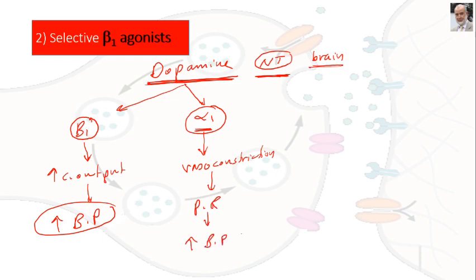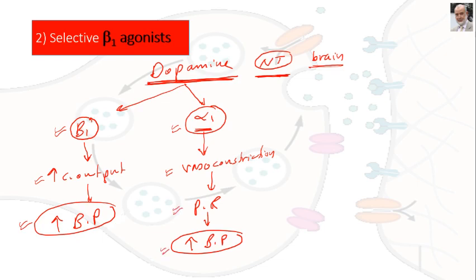So in lower doses, dopamine will act specifically on beta-1 receptor, increasing the cardiac output, therefore increasing the blood pressure. In higher doses, it will act as an alpha-1 agonist as well, producing vasoconstriction, increasing the peripheral resistance, and increasing the blood pressure.